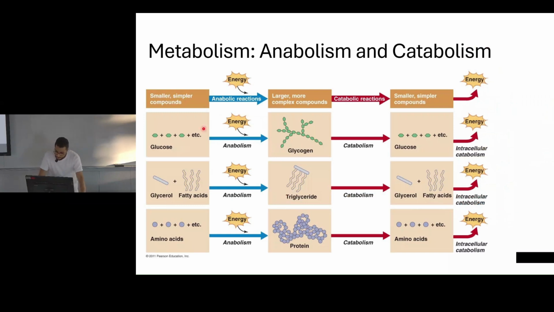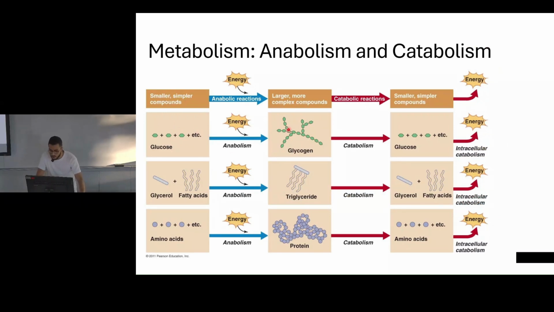So when we're talking about generating or producing glycogen by using units of glucose, this is anabolism. It requires energy. And it makes sense, right? If you have too much glucose and you want to store it, that means you also have too much energy.